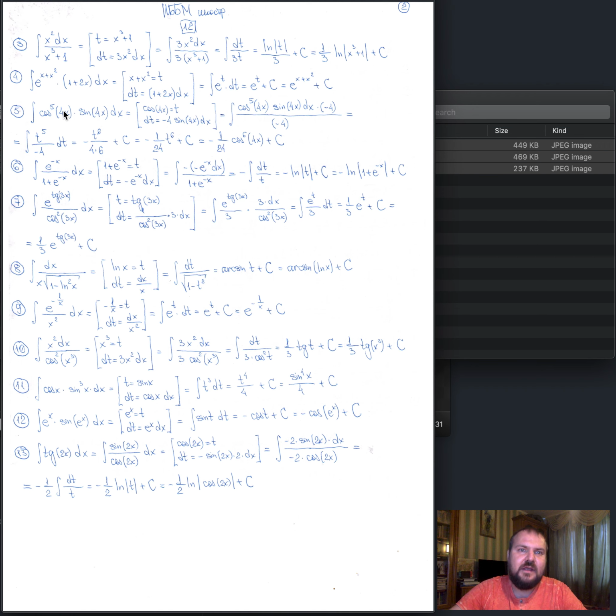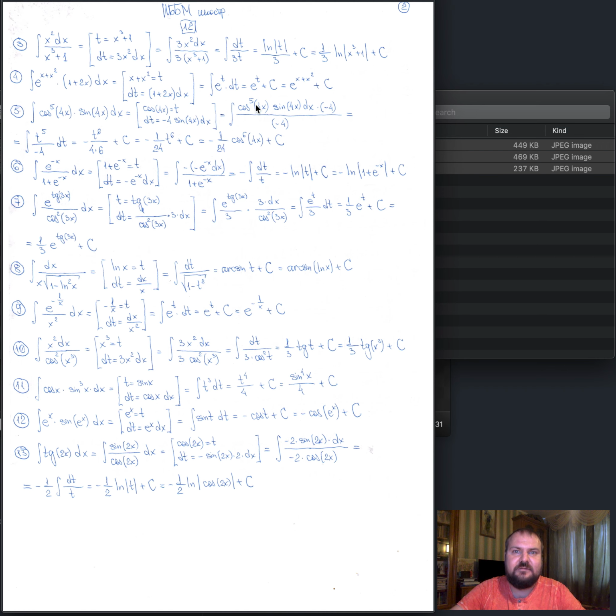Number 5. Integral of cosine of 4x to the power of 5 multiplied by sine of 4x. The new variable, let t equal cosine of 4x, we find dt. dt would be minus 4 multiplied by sine of 4x dx. And we rewrite here.